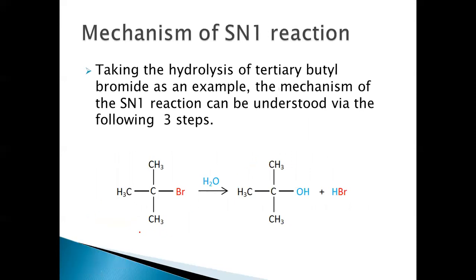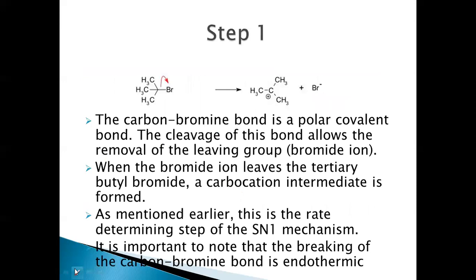When we see the hydrolysis of tertiary butyl bromide resulting in the formation of tertiary butyl alcohol, let's see it step by step. The first step is the formation of this carbocation, which is an intermediate. This is the first intermediate formed during the mechanism, a carbocation intermediate.